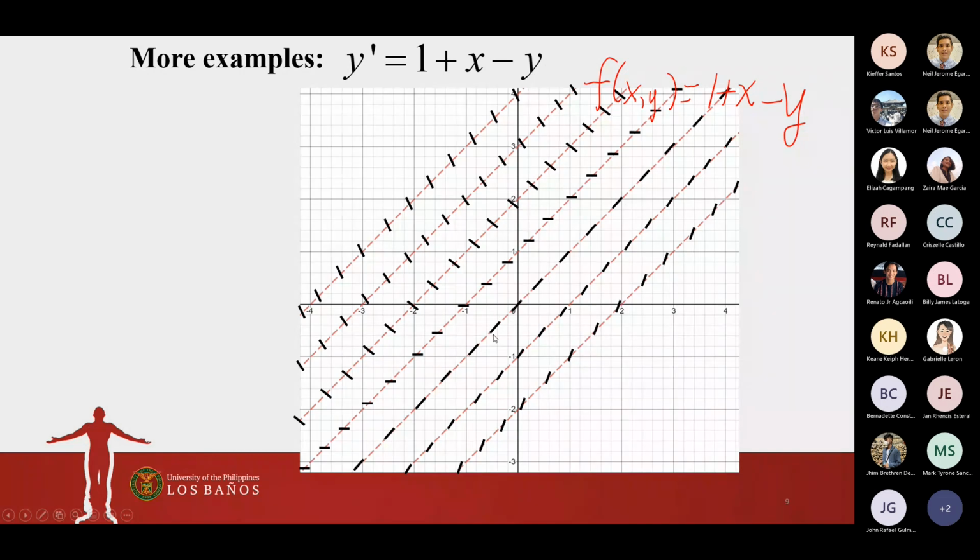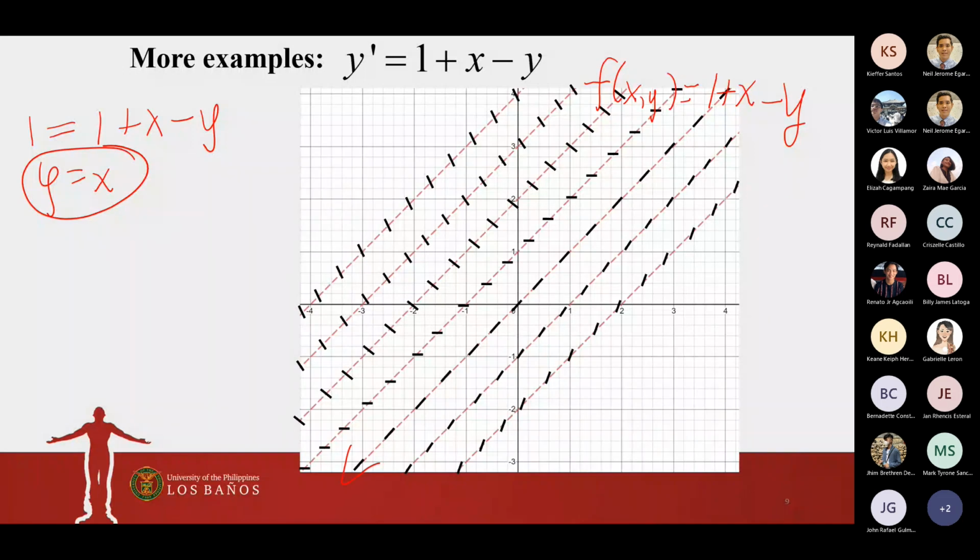So, kung by hand, gagawa ka ng isoclines, bigay ka ng specific values for y prime. So say if c is equal to 1, so I'll have 1 equals 1 plus x minus y. The y's will cancel each other out, so we'll have y equals x. That's our first isocline, y equals x, that is this line over here.